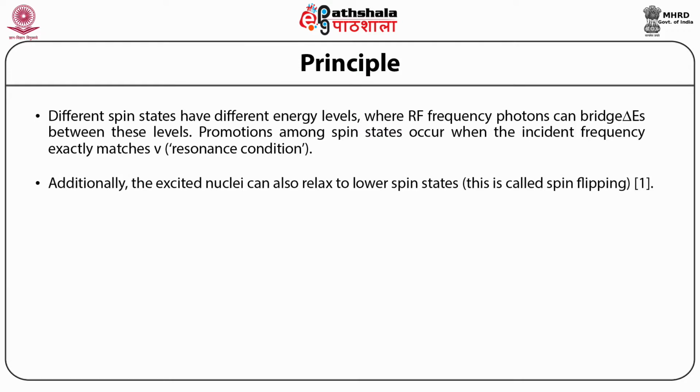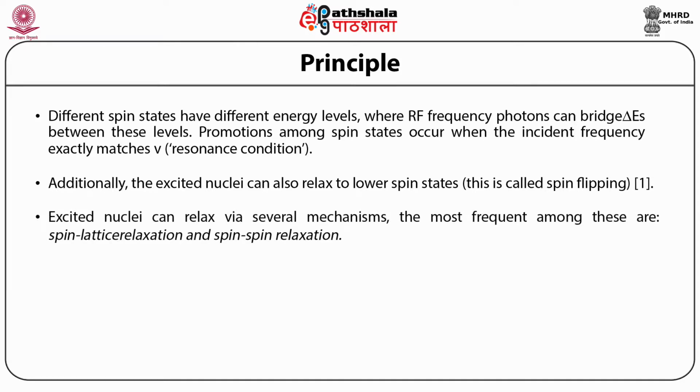Additionally, the excited nuclei can also relax to lower spin states. This is called spin relaxation. Excited nuclei can relax through several mechanisms. The most frequent among these are spin lattice relaxation and spin-spin relaxation, both of which are non-radiative.